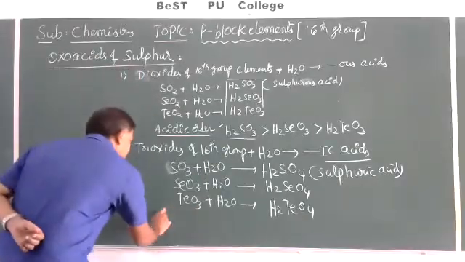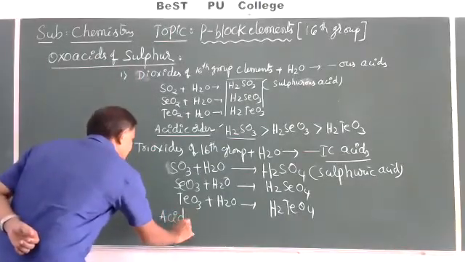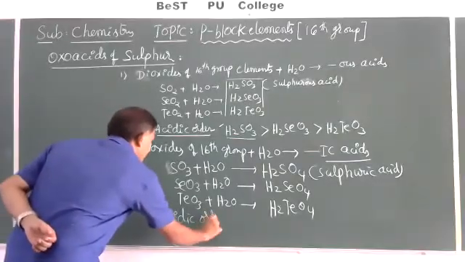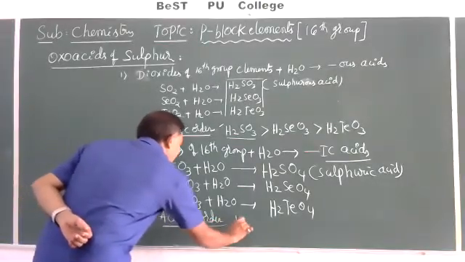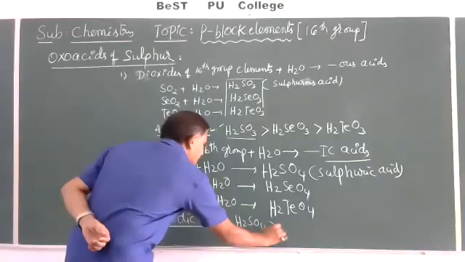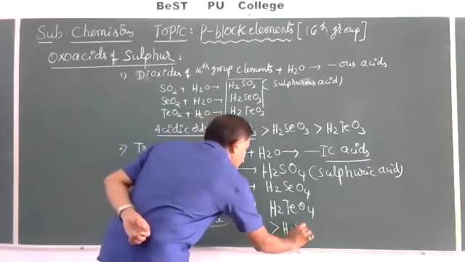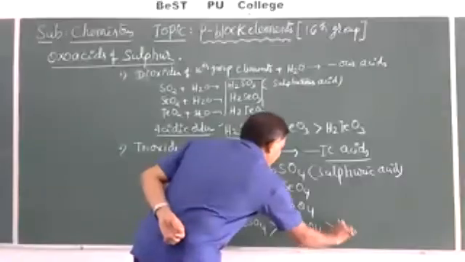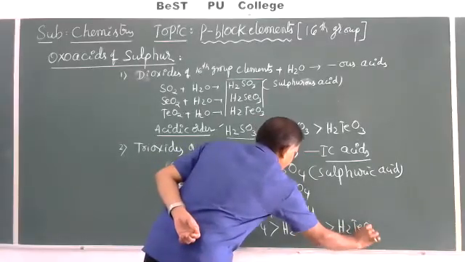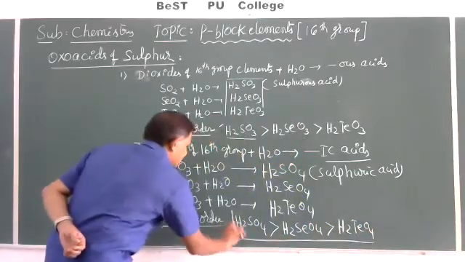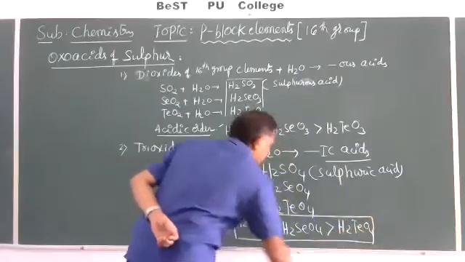And its acidic strength order is sulfuric acid H2SO4 is greater than H2SeO4 is greater than H2TeO4. These are some important ic acids.